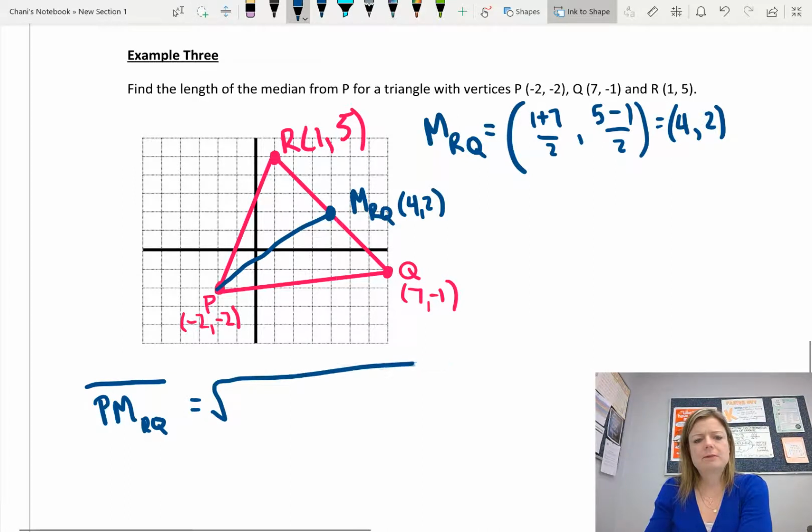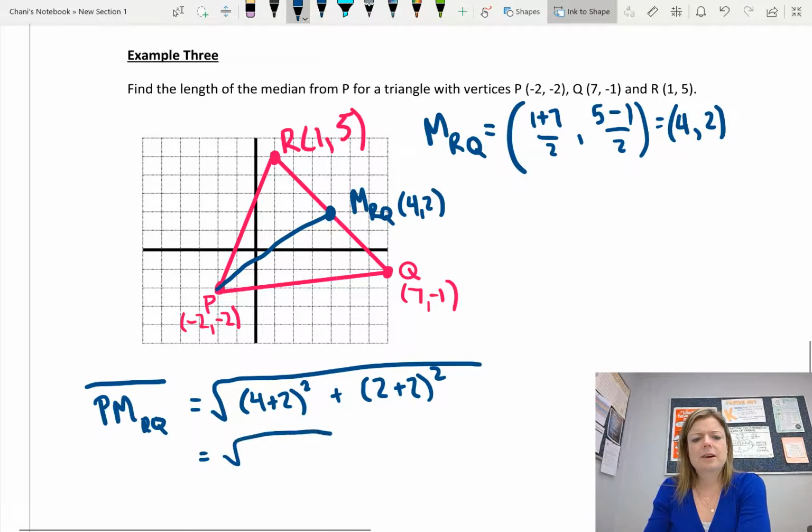So you just do long square root, difference between the X values. So 4 minus negative 2 is 4 plus 2 squared, plus 2 minus negative 2, so plus 2 squared. So you end up getting 6 squared, which is 36, and 4 squared, which is 16. So you get square root 52 units.